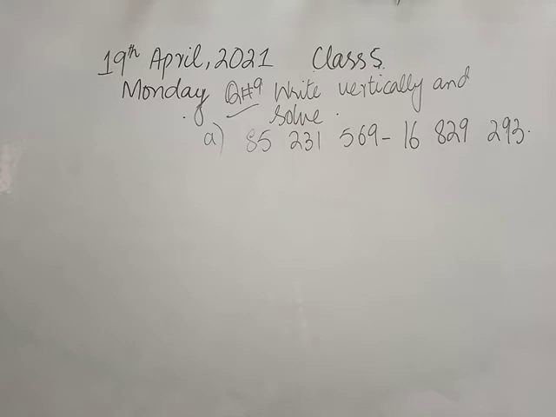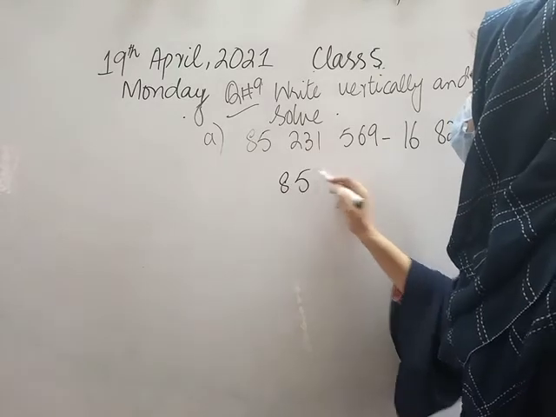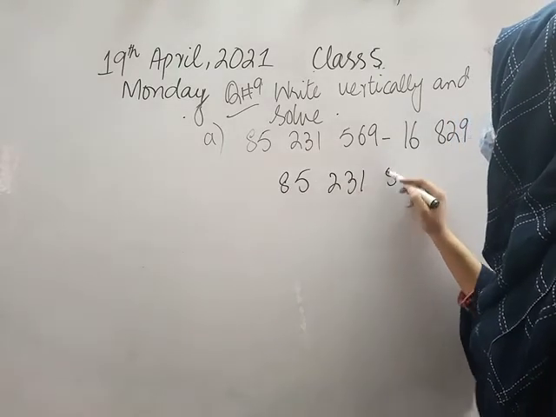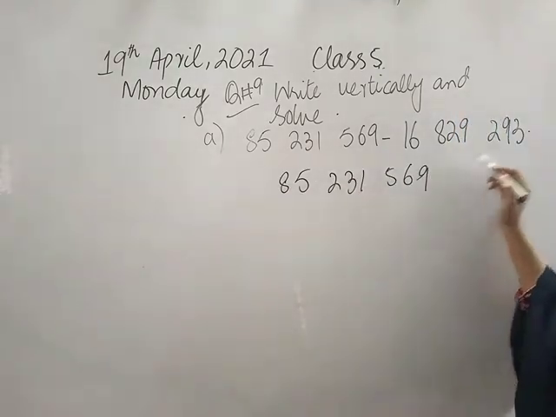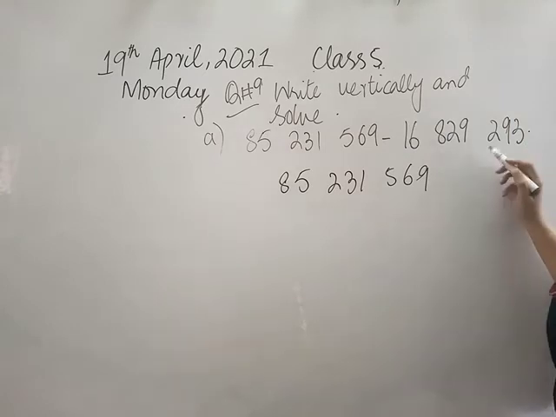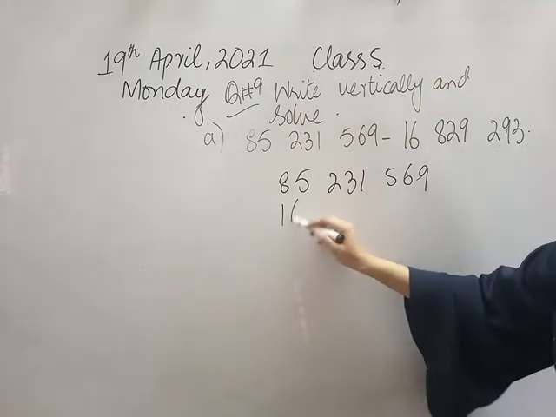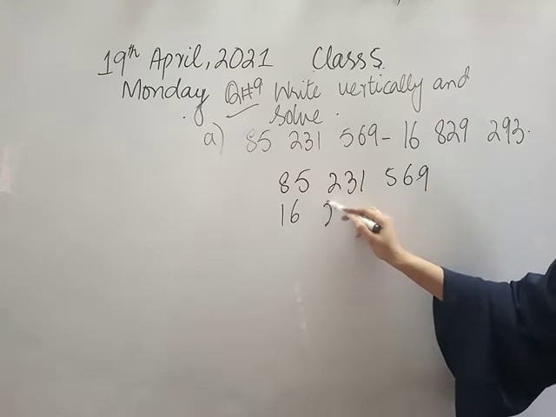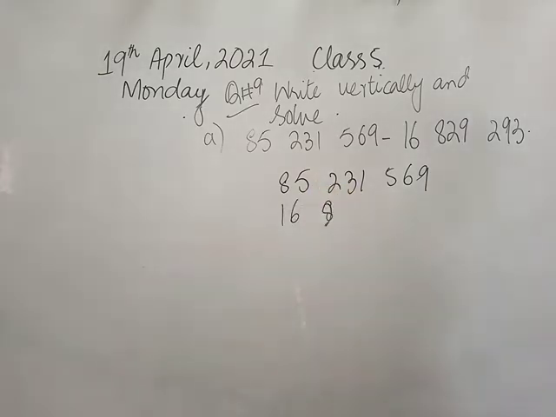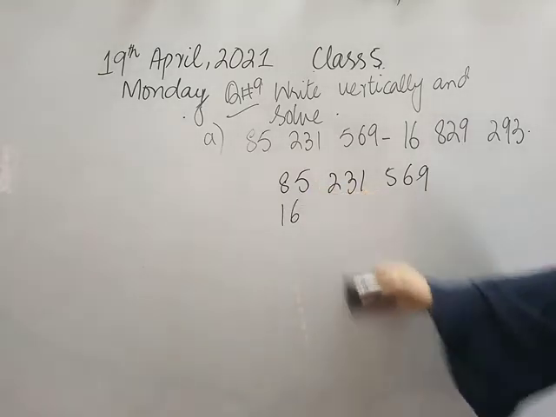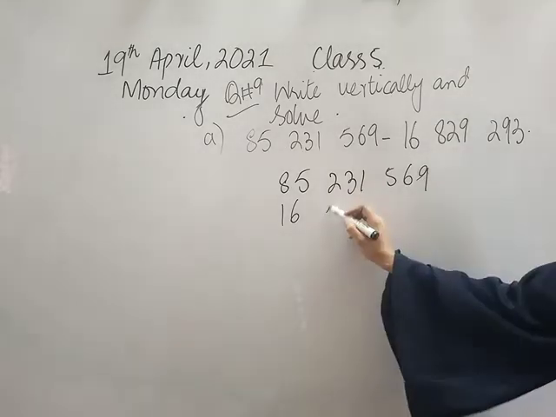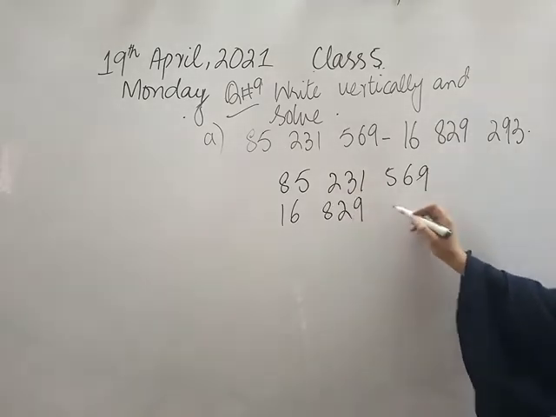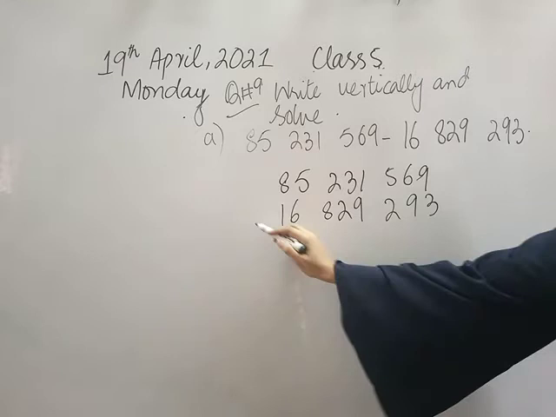What will we do? First of all, we write it in vertical form. 85 231 569. Okay, this is my first number, and my second number is 16 829 293.